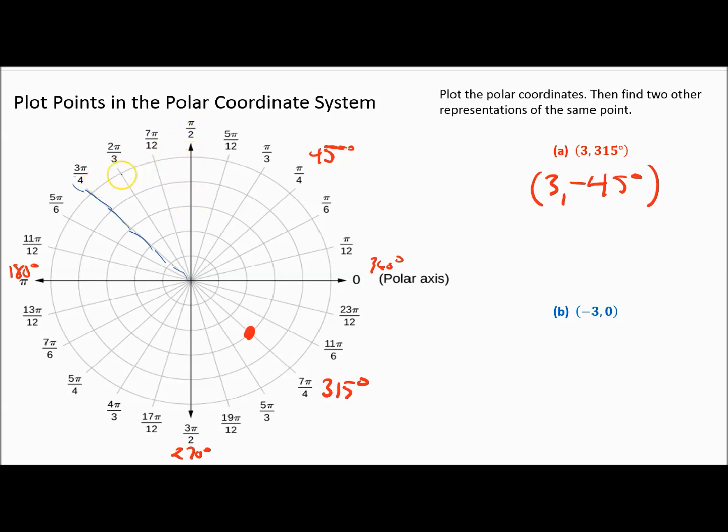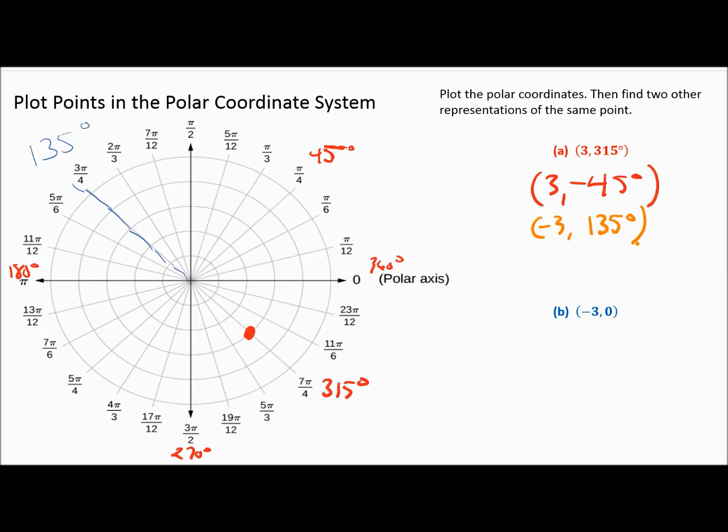Plus 45 degrees is going to give me 135 degrees, right? Okay, so now let's think about this. If I go 135 degrees, only go to here, but then I count backwards, that would give me my angle, right? So that would be a negative 3 and then 135 degrees.